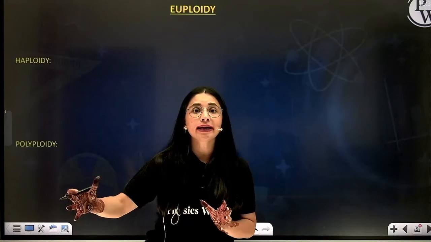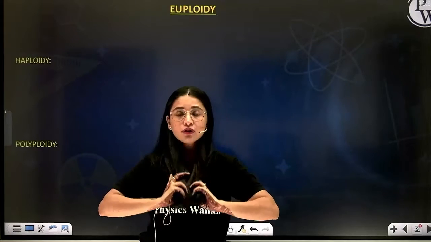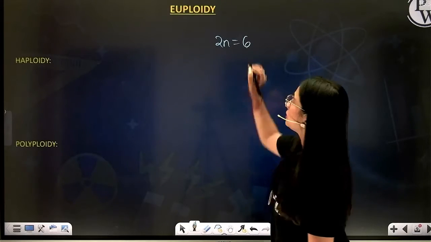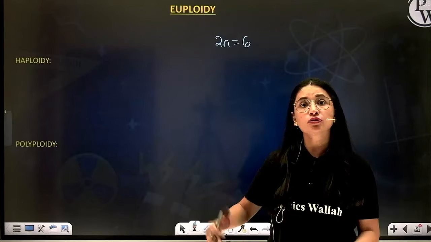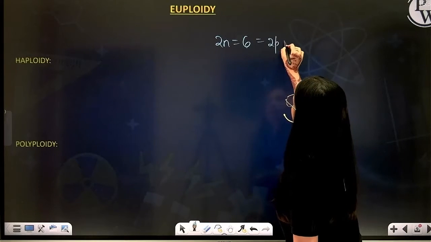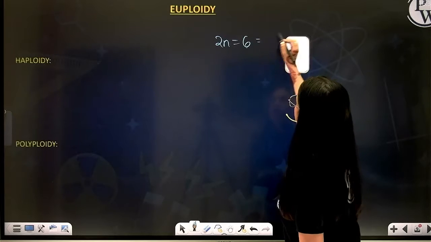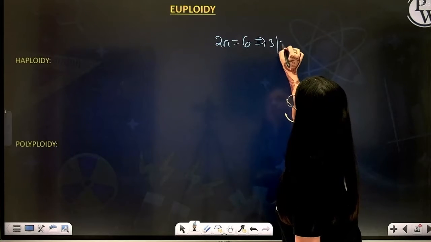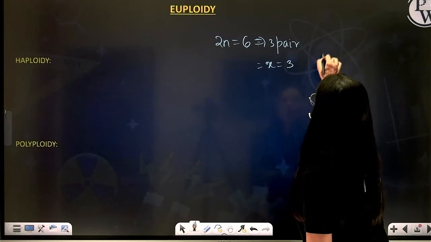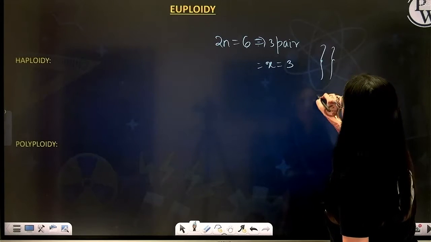Now euploidy means beta change in the chromosome number but in multiples of basic set. That means if suppose initially cell is having 2n is equal to 6 condition, that means 3 pair. So X will become what? 3. Now this is the normal condition.